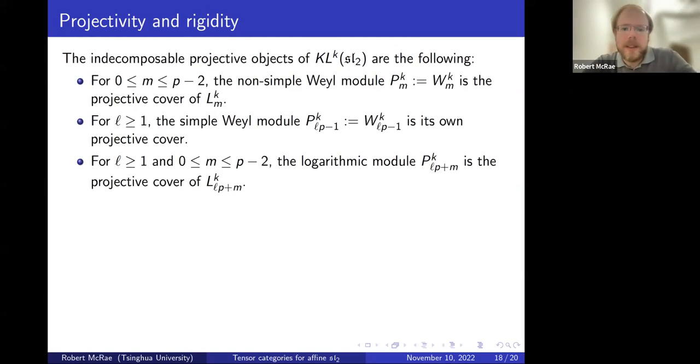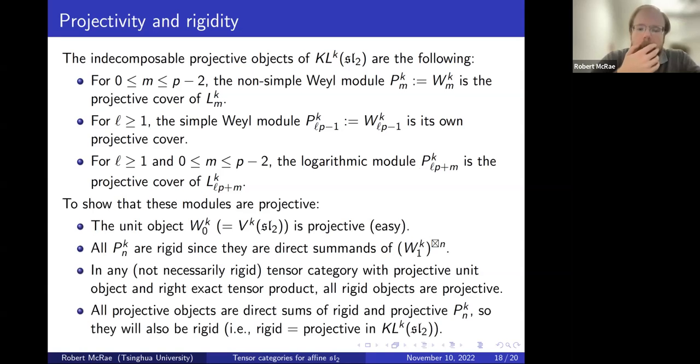Okay, so let me just quickly summarize. These are going to be the projective objects. First of all, the first p-1 non-simple Weyl modules turn out to be projective. Then all of the simple Weyl modules turn out to be projective, and then the remaining projective objects are these logarithmic modules that I was just talking about. So we have to prove that these actually are projective.